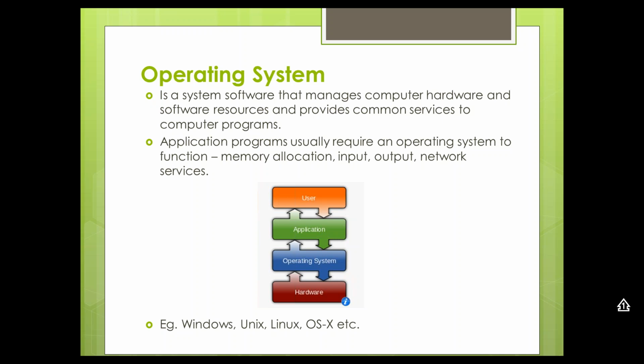Also, your browser is running in your physical memory, and for that you need CPU time, right? The CPU has to execute the instructions that are loaded in your physical memory. So you need the CPU resource, you need memory, both physical as well as hard disk for saving your images or whatever you are downloading, and you need your network service.